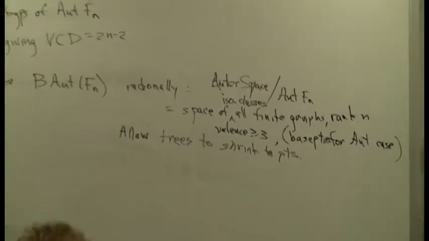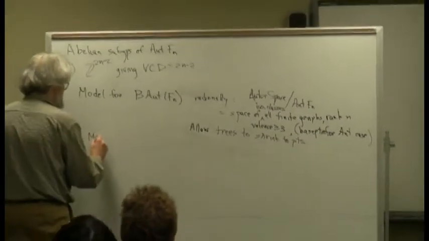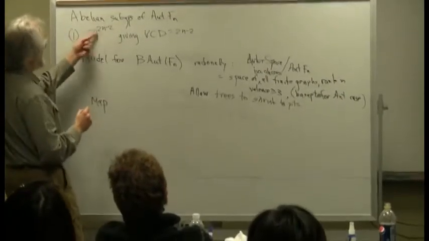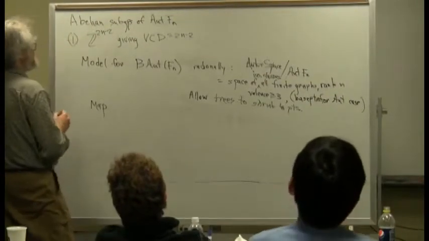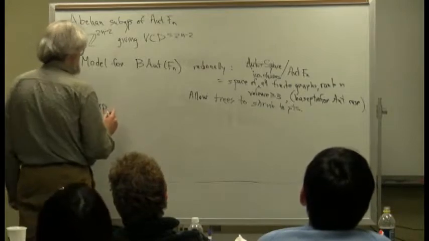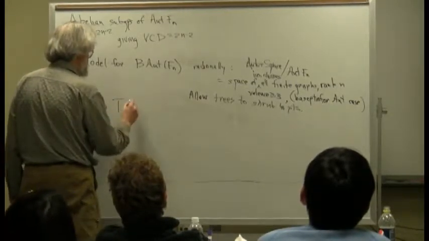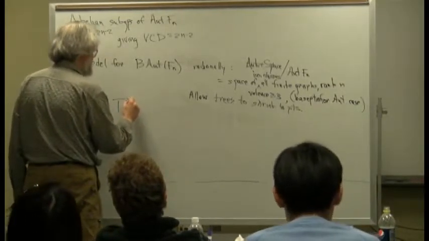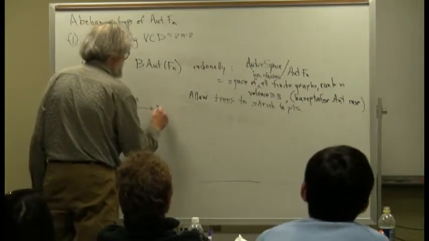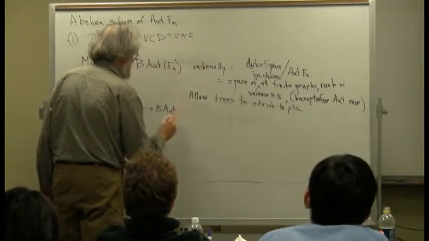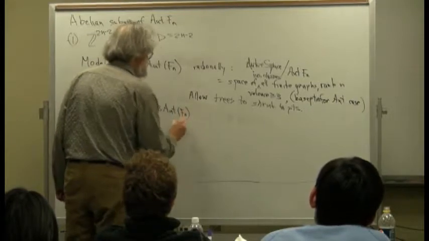So here's an example. To realize this free abelian group, we can map a torus T^(2n minus 2) into this space of graphs.